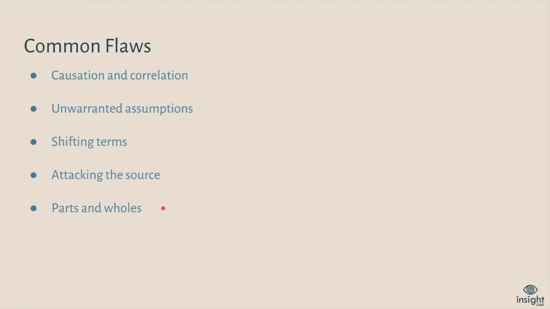And last one, parts and wholes. How to describe this one? This is when you make an inappropriate inference about something that's a whole because of one of its parts. So a very silly example would be a car's tires are made of rubber, and a car is partially made of tires, therefore the car is made of rubber.